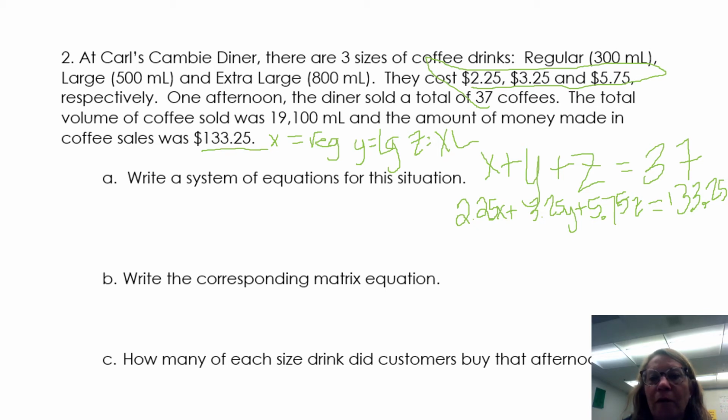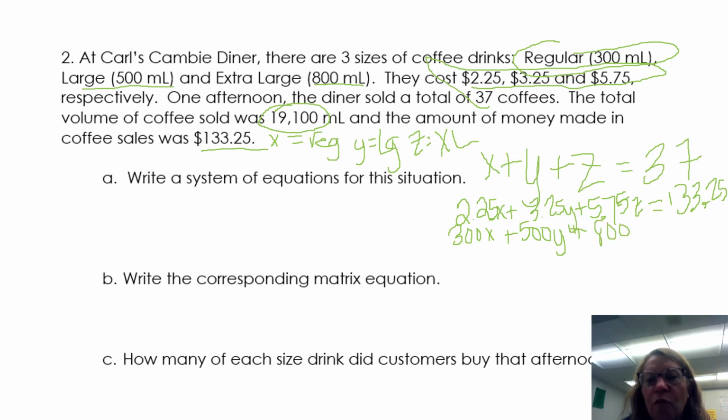Then we have a volume problem, so the volume of each. We have 300 milliliters for the small, 500 milliliters for the large, and 800 for the extra large, and our total volume is 19,100 milliliters. So my final equation is going to be 300x plus 500y plus 800z.